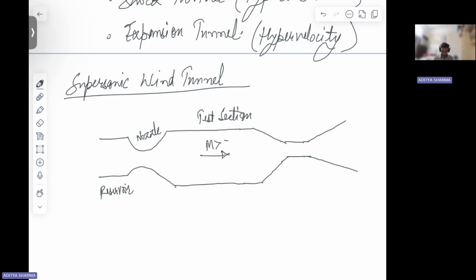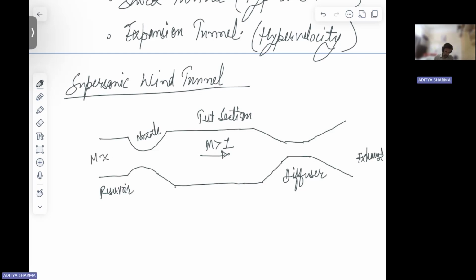Here your Mach is obviously greater than 1 because we are talking about a supersonic wind tunnel. Then you have a diffuser here. Then at last you have the exhaust.